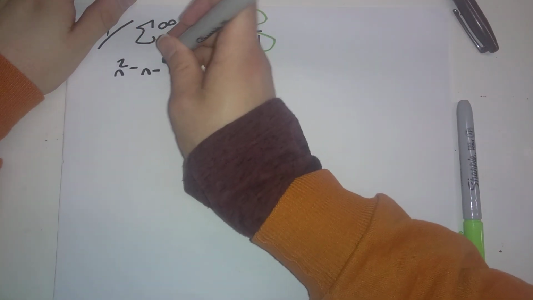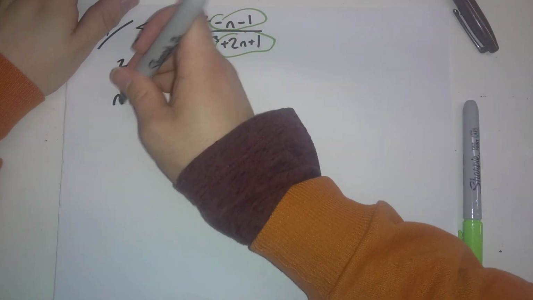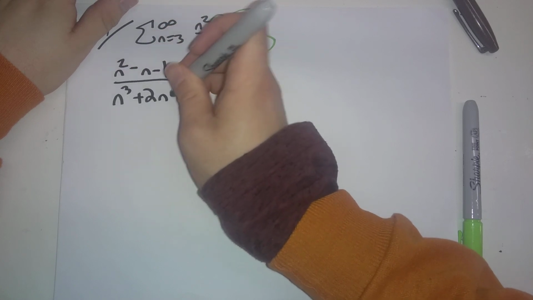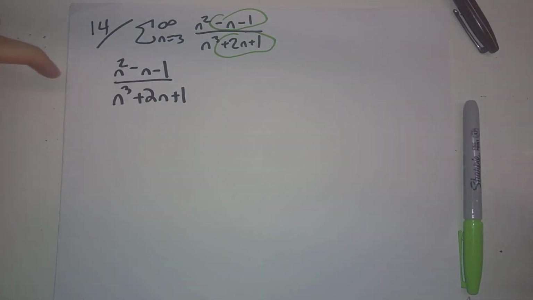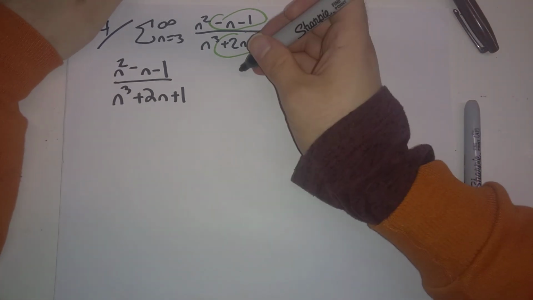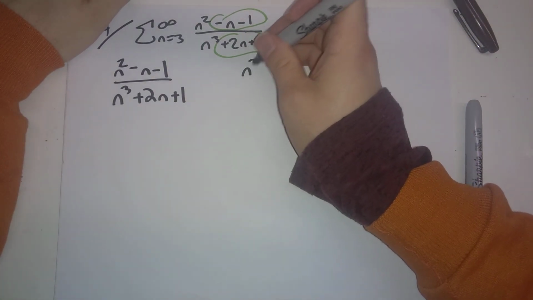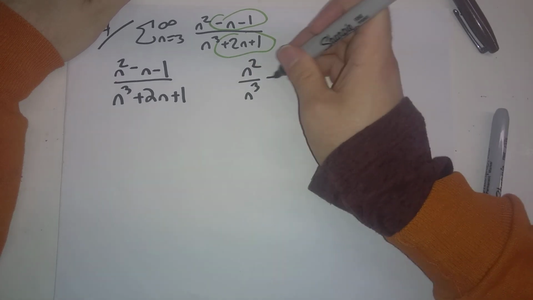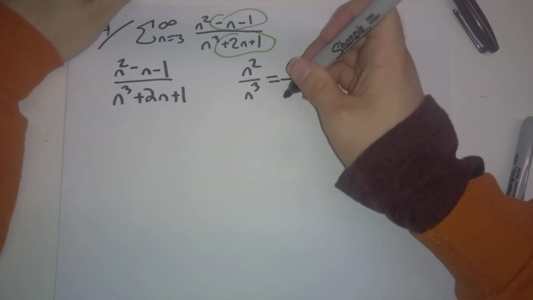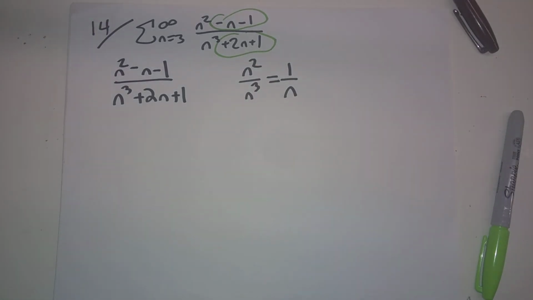I'm going to be comparing the series whose terms are n squared minus n minus 1 divided by n cubed plus 2n plus 1 with the series whose terms are n squared divided by n cubed, which simplifies to 1 over n.